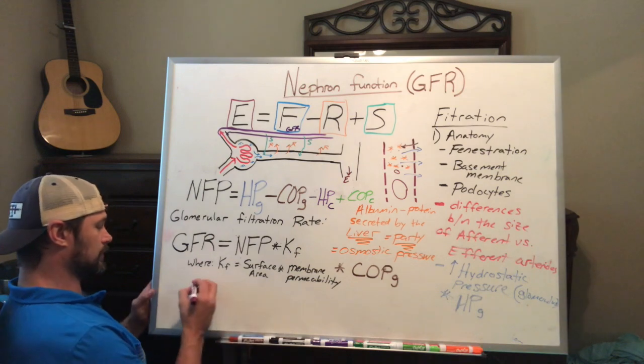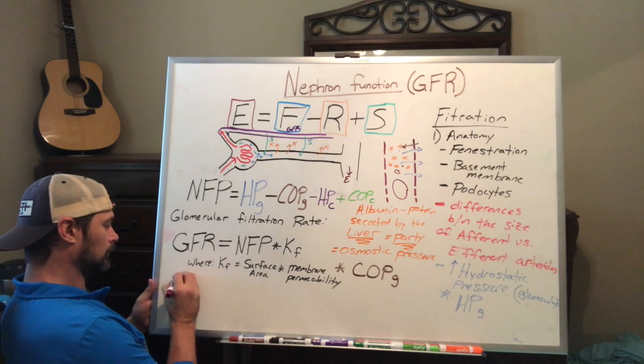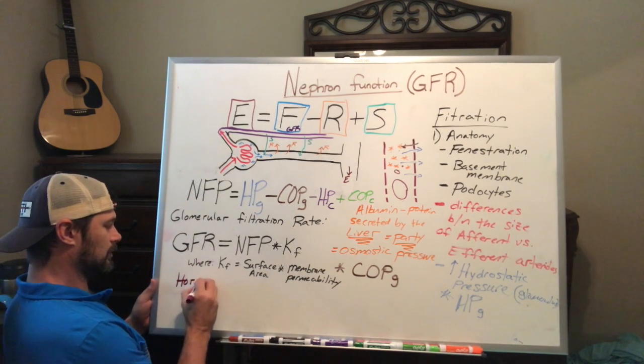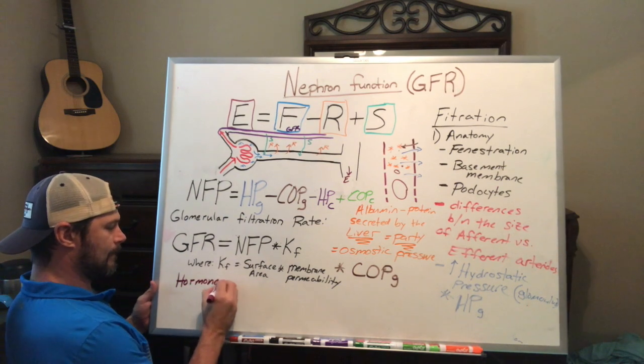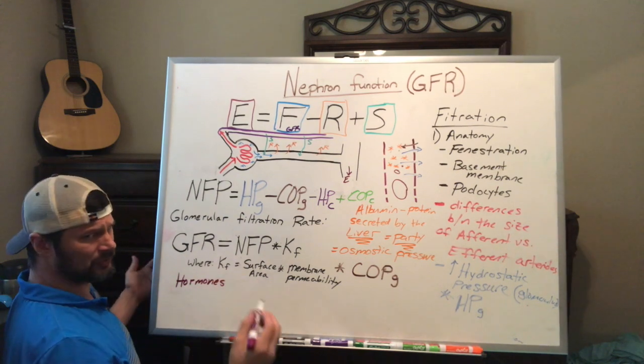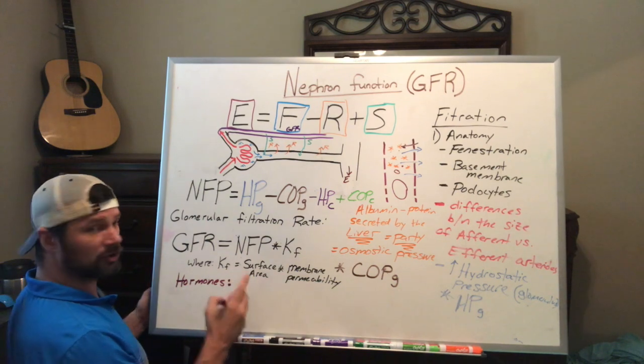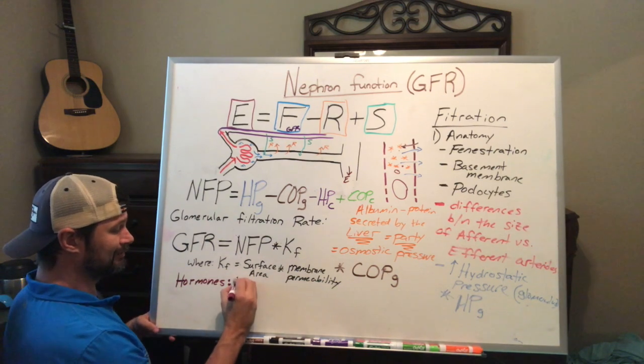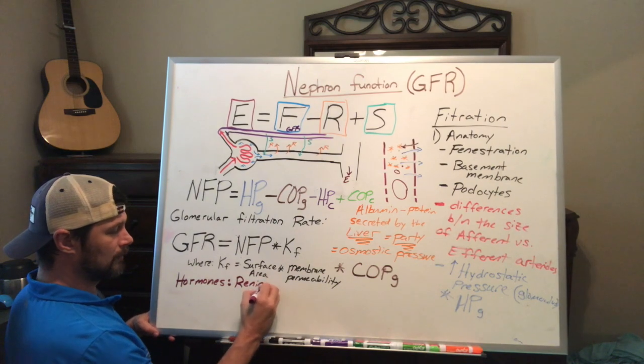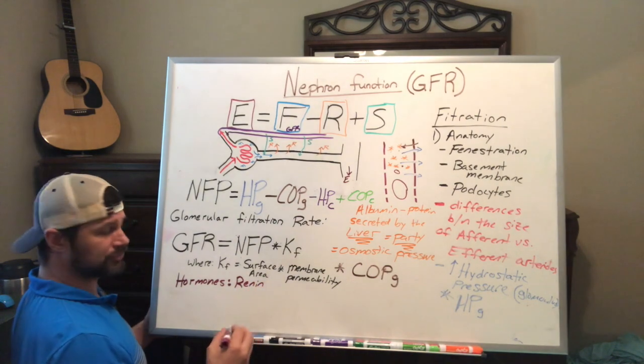Let's start with hormones. Hormones affect GFR. Lots of hormones will, by the way. We're going to list two major ones. The first major one is renin. Good old renin. And actually, let's list three.